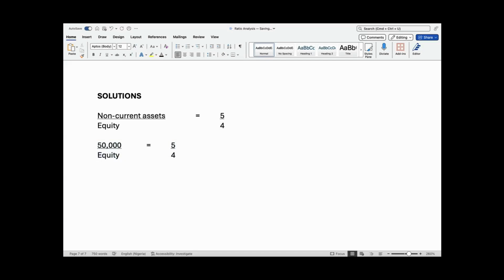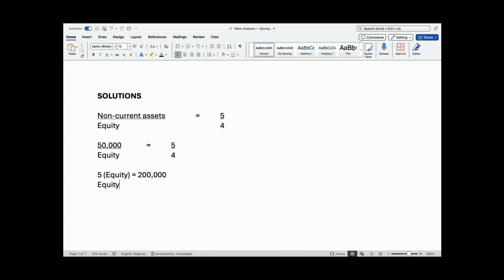Then from here, if I cross multiply, I will have 5 times equity equal to 200,000.